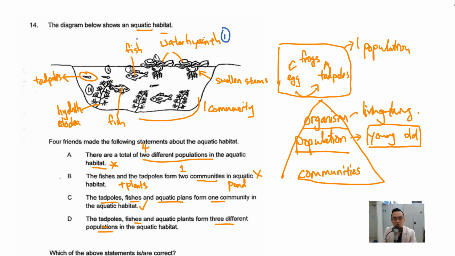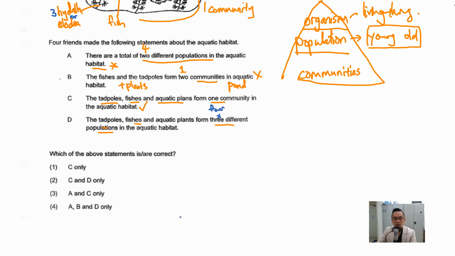The fishes are 2 populations. The hydrilla or elodea is 3 populations. The tadpoles plus frogs is 4 populations. So therefore this is wrong. This is not 3, but actually 4 different populations in the aquatic habitat. So the answer is just C only, number 1.